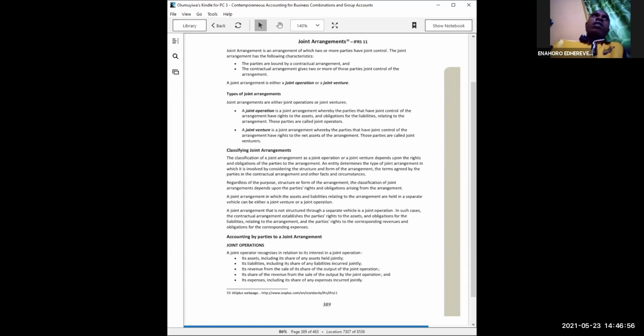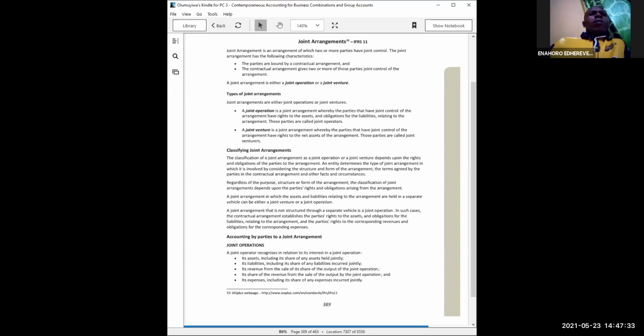But for the joint operation, you just take your liability portion or asset portion and record it in your books. But the joint venture, which is a subset of joint arrangement, you account for using the equity method, just like you account for an associate. That aspect was clear. So I understand what a joint arrangement is and what an associate is. A joint arrangement has two components, which I just talked about.